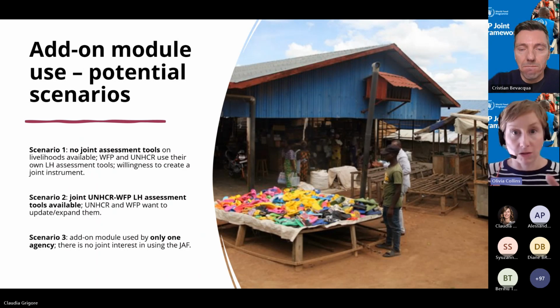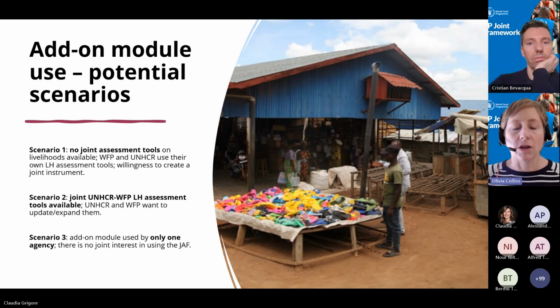Thinking about the country context in which you're working now, or the context in which you've worked most recently and are most familiar with, which scenario best fits your context? Is it scenario 1, no existing WFP UNHCR joint assessment tools for livelihoods? Scenario 2, some existing joint tools, but agencies want to update them.